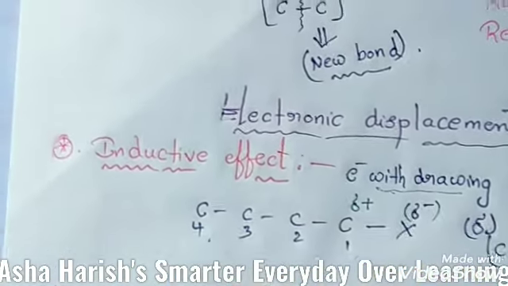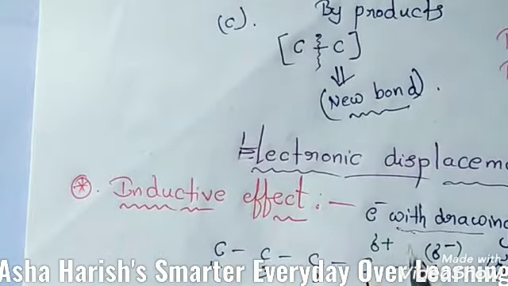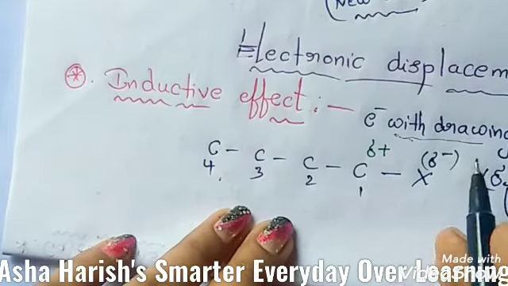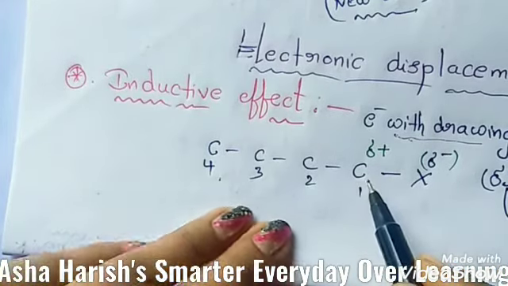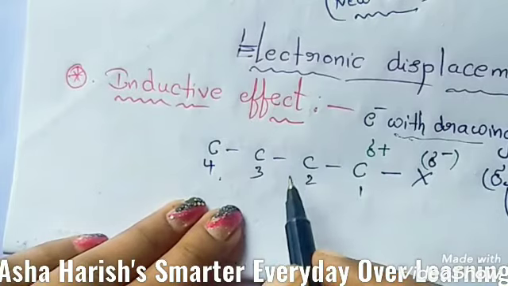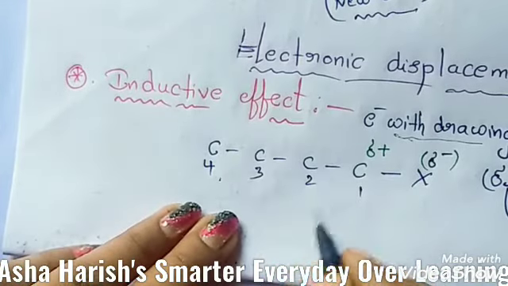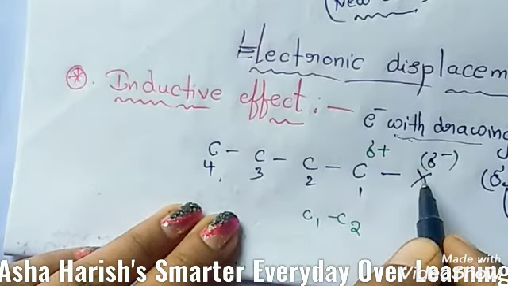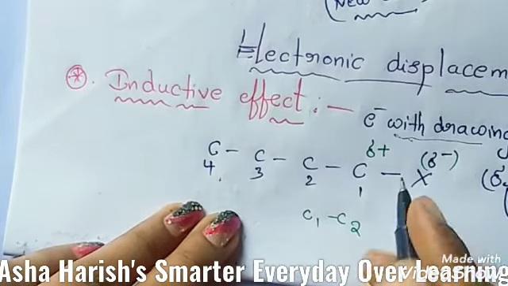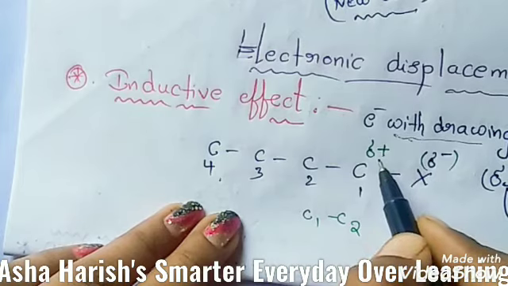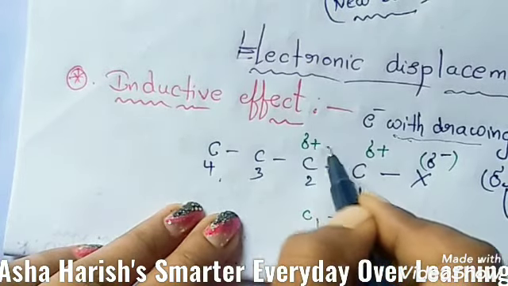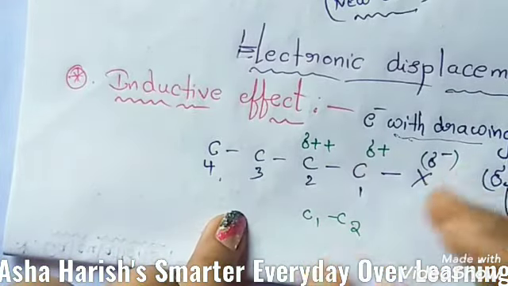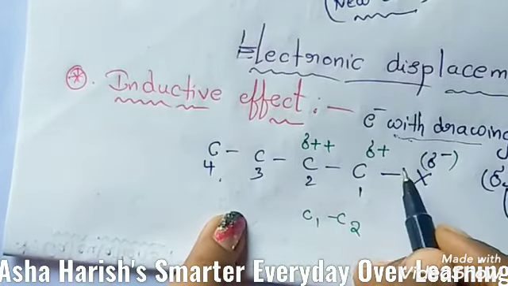And the small positive charge on C1 in turn attracts the sigma electrons of the C1-C2 bond towards it. As a result, C2 acquires a small positive charge, which we can represent as delta double plus, of course smaller than that on C1.